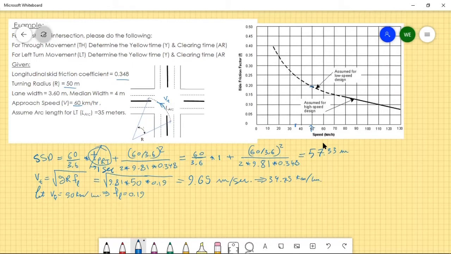So that means we are here somewhere. So that means this is our coefficient of friction, which is the f_L2. So that was f_L1, and f_L2 equals 0.25, say. So VT2 equals the square root of 9.81 multiplied by 50 multiplied by 0.25.